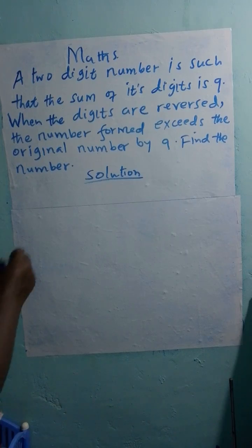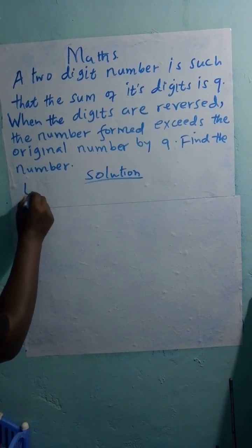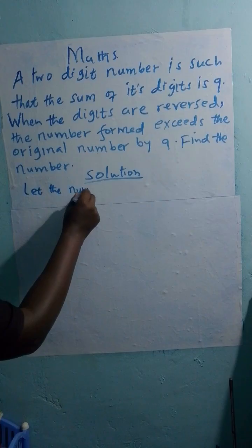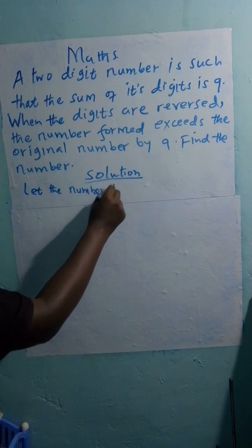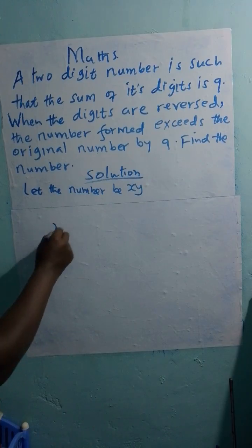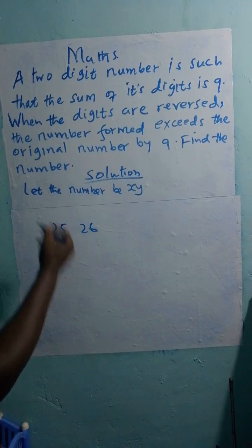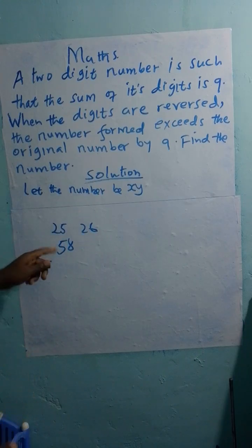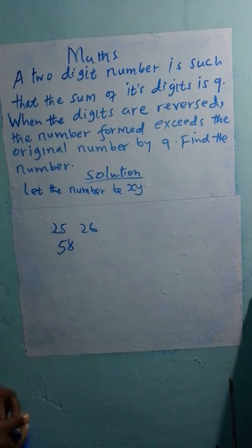So first, let the number be xy, because a two-digit number is like 25, 26, 58. This is a two-digit number, so the first one is x and the second one is y.